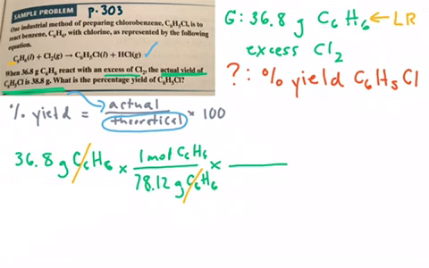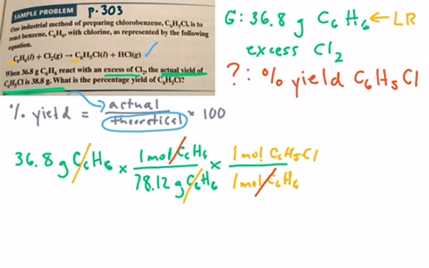Since both benzene and chlorobenzene have a coefficient of 1, the mole ratio between them is 1 to 1. So for every 1 mole of C6H6, we should produce 1 mole of chlorobenzene. If we were to stop here, we'd now be in moles of chlorobenzene, or C6H5Cl.